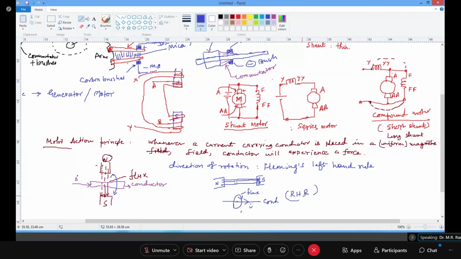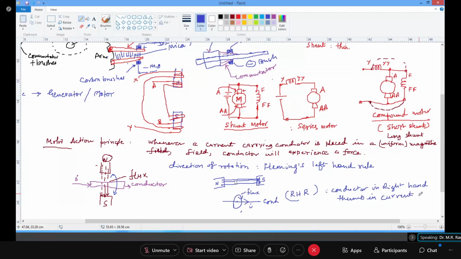You have to hold the conductor in your right hand, with the thumb in the current direction.